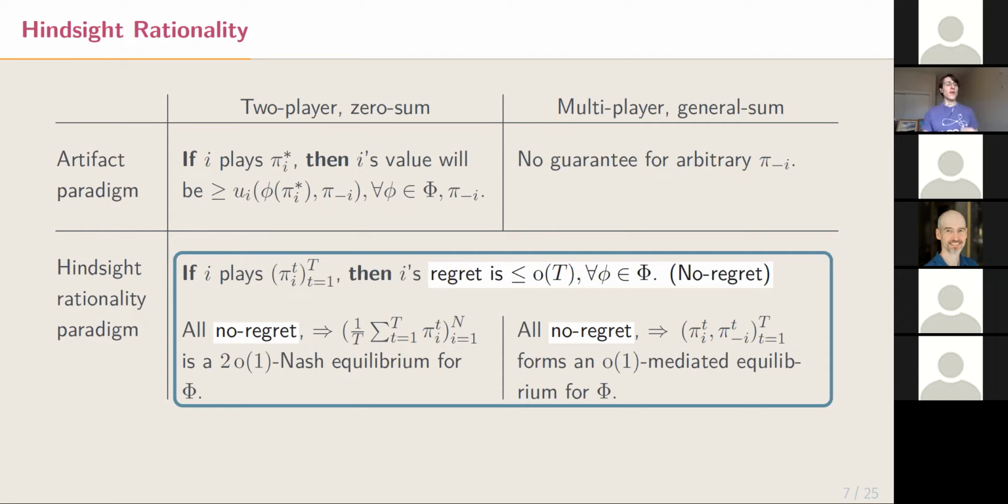And if we have the no regret property, of course, we get the other statements as I mentioned before. So the idea of this whole hindsight rationality paradigm is to package that together so that people can use it as a design philosophy for algorithms that target multiplayer general sum games.